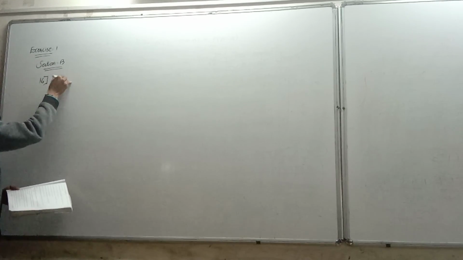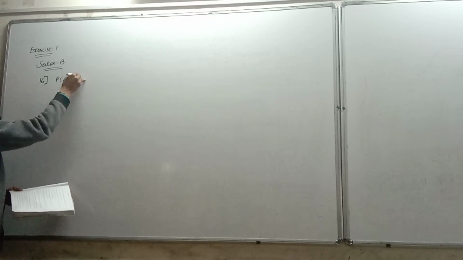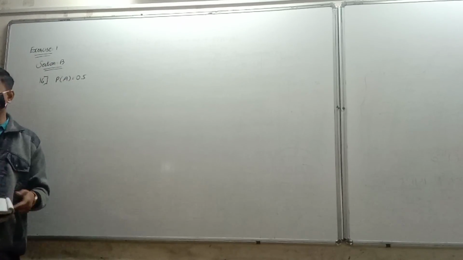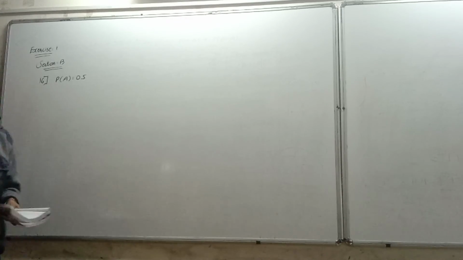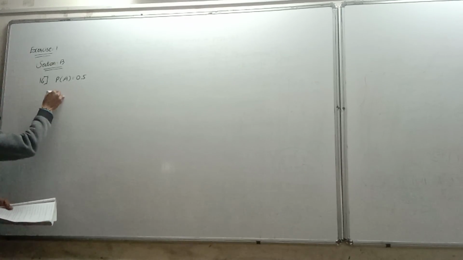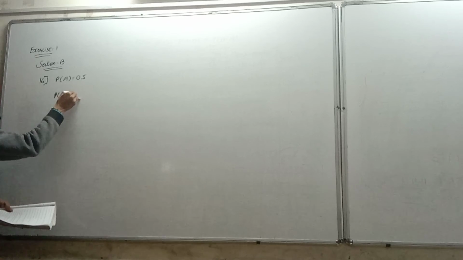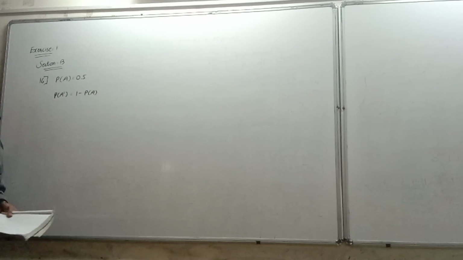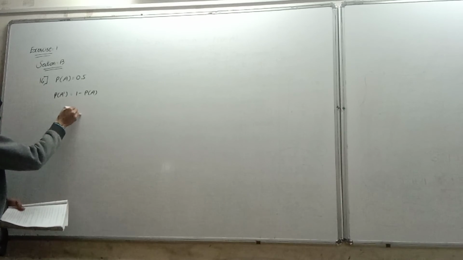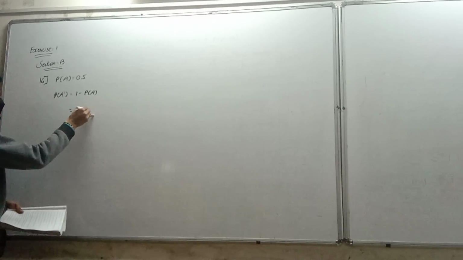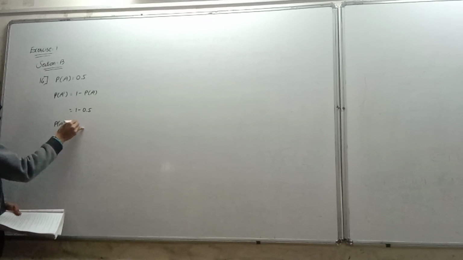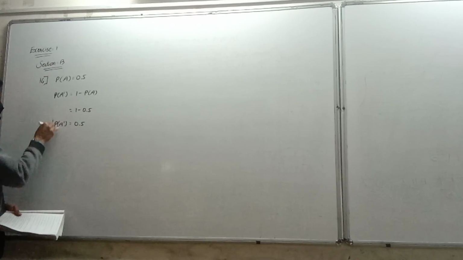P of A is equal to 0.5. So for the complementary event A dash, the formula is 1 minus P of A. So 1 minus 0.5, the value of P of A dash is also 0.5.